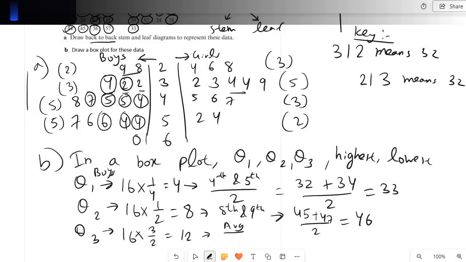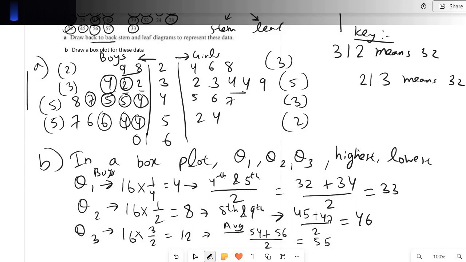So the 12th data point is 54. And then the 13th data point is going to be 56. So we divide those together by adding them first to get 55. And we have found out the quartiles for the boys.